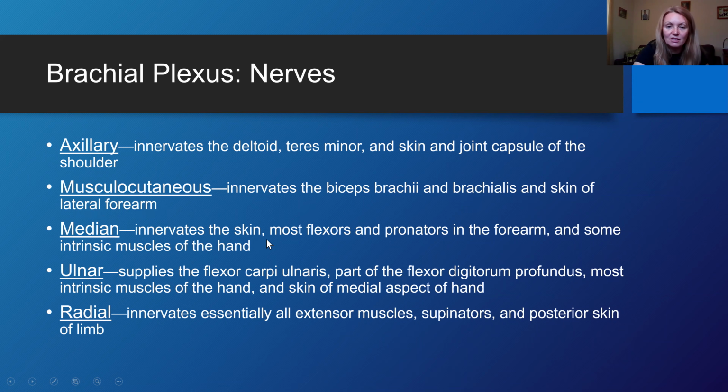Median innervates the skin, most flexors and pronators of the forearm, and some intrinsic muscles of the hand. Ulnar supplies the flexor carpi ulnaris, part of the flexor digitorum profundus, most intrinsic muscles of the hand, and skin of the medial aspect of the hand. And radial innervates essentially all extensor muscles, supinators, and posterior skin.